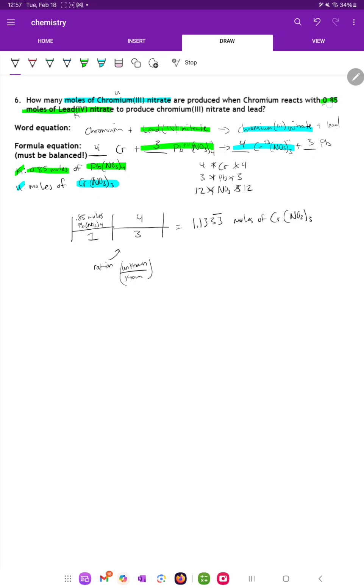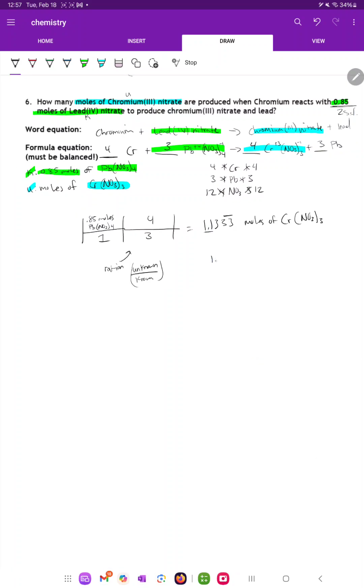Now, key thing, I'm going to look at this answer. Remember, it's only got 2 significant figures, which means my answer can only have 2 significant figures. So my final answer is going to be 1.1 moles of chromium 3 nitrate. And that is my answer.